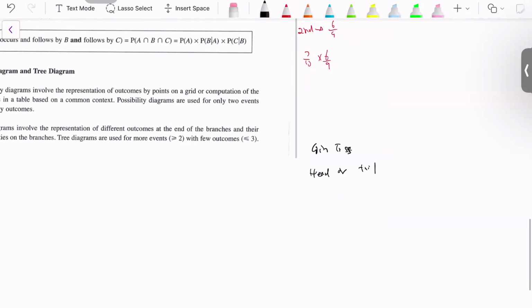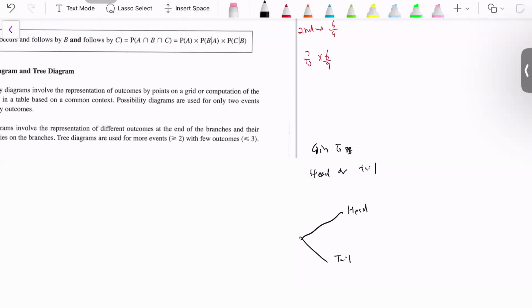Firstly, based on the number of outcomes, we'll draw the branches. So in this case, based on the coin toss, there are only 2 possible outcomes. So there are 2 branches. So first, we'll draw the 2 branches. And at the end of each branch, we'll write what is the outcome. So first, the head. Second, the tail.